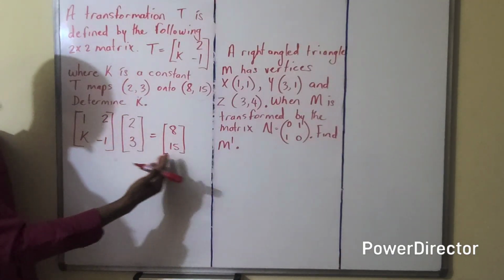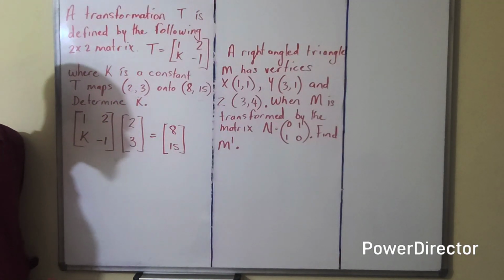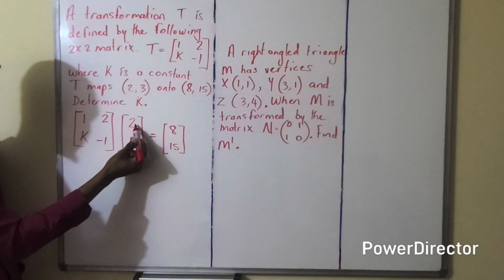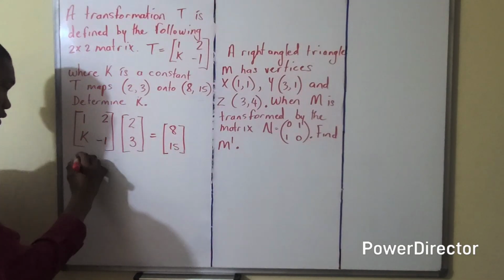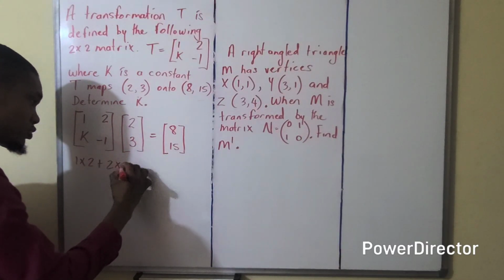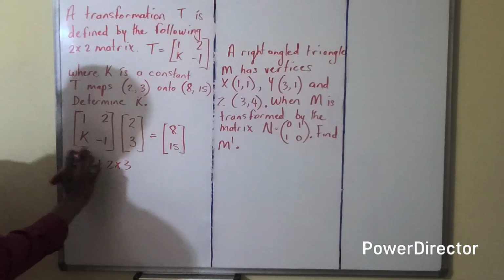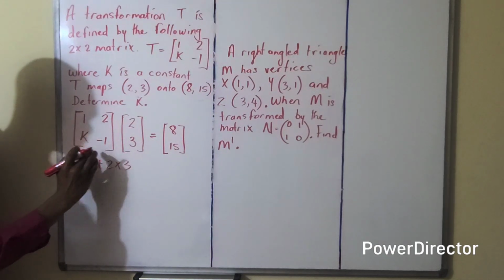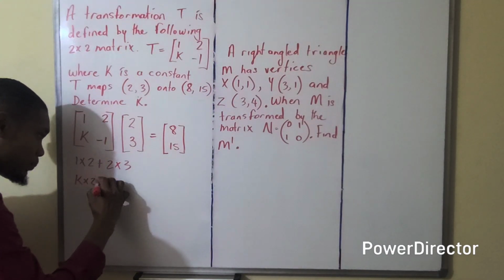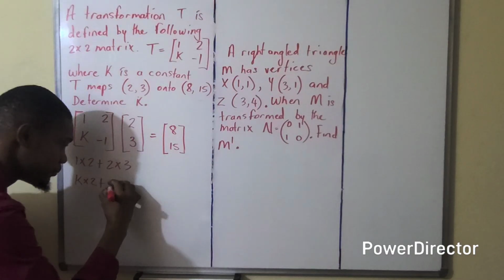Now, once it sets like this, it becomes basic multiplication of matrices. So it's a row by column. So it's a first by first, second by second. So you'd say 1 times 2 plus 2 times 3. And then you do the same thing for the other row. So K times 2 plus negative 1 times 3.